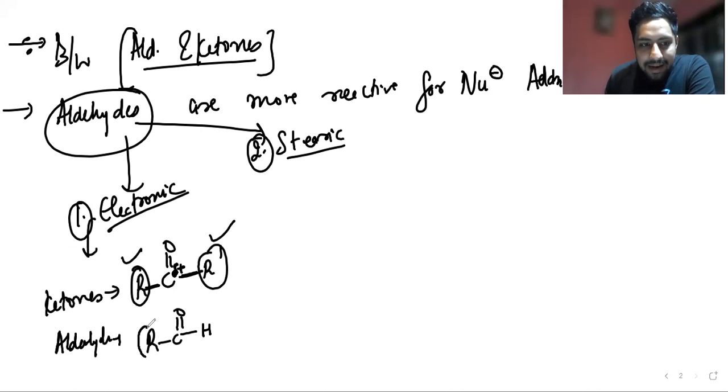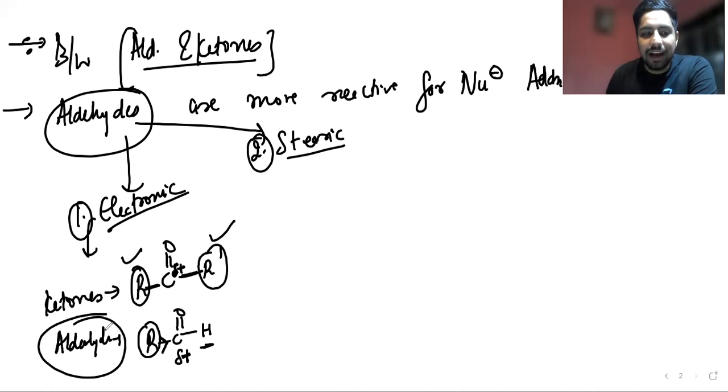But in aldehydes, only one R group is present, and the other is hydrogen. So here the electron deficiency is higher, because one alkyl group is giving its plus I effect in aldehydes, but in ketones two alkyl groups are. That's why aldehydes are more reactive, from the electronic reasons.